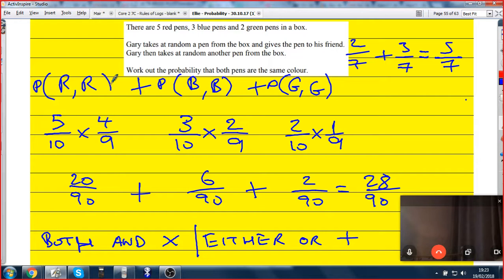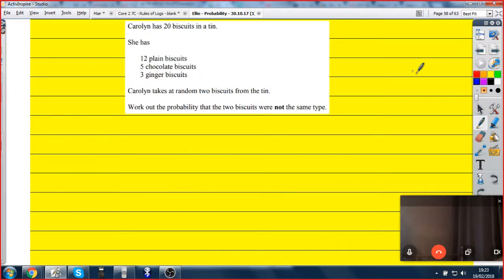Let's try this one. Let's find the probability that they are the same type.